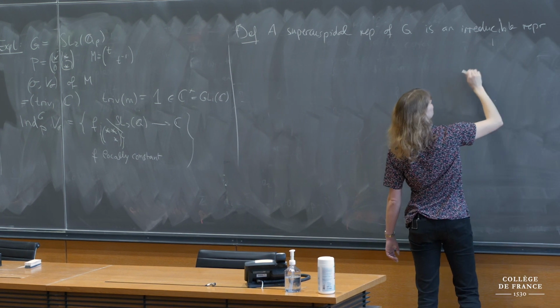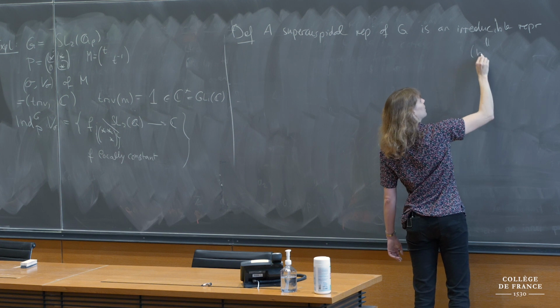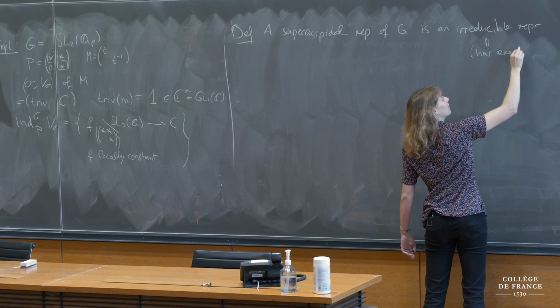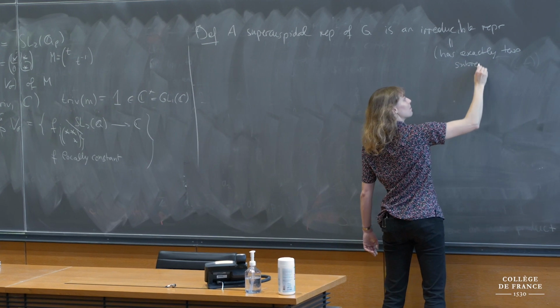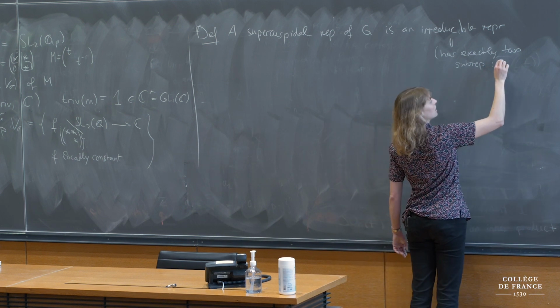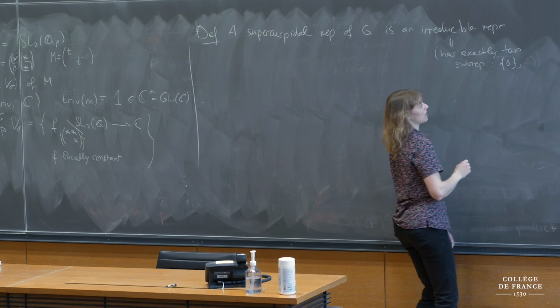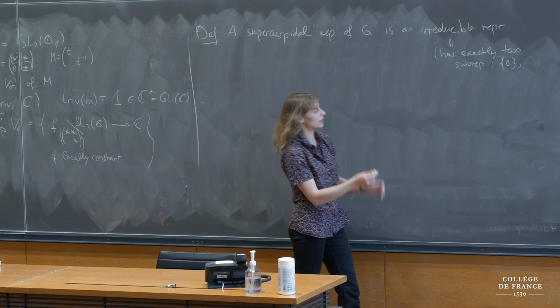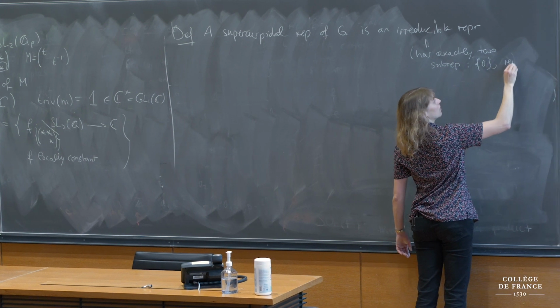Irreducible means it has exactly two subrepresentations, so subspaces that are preserved under the action: just the zero space and the representation itself.